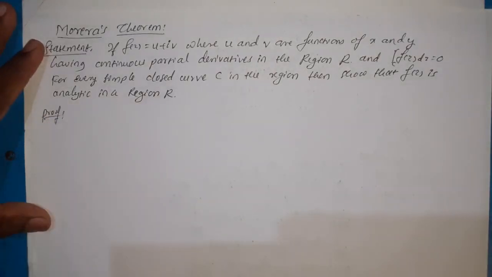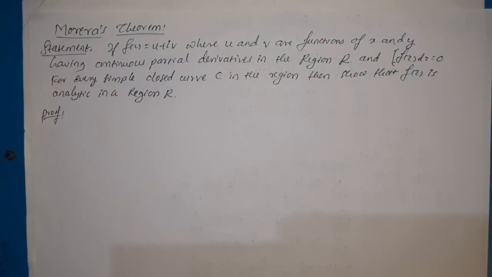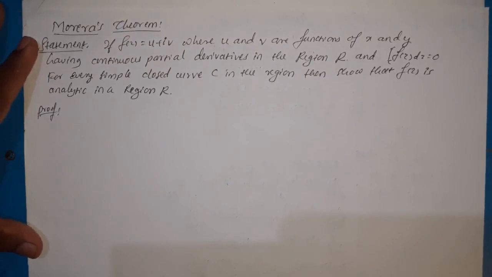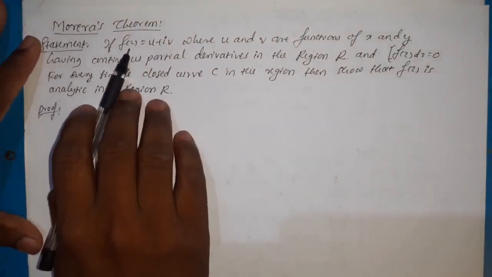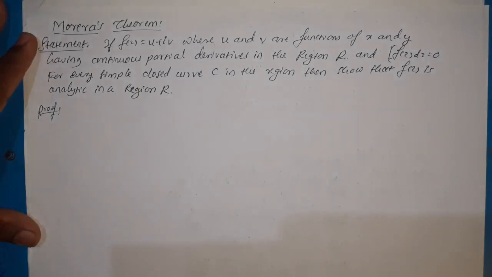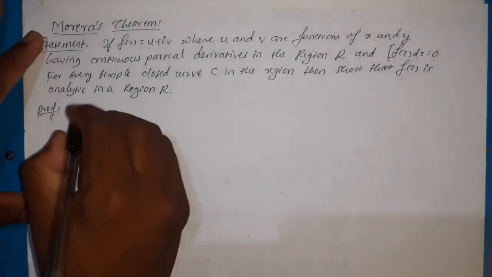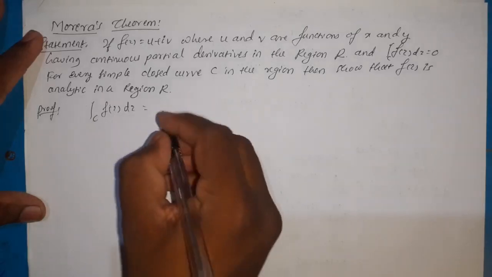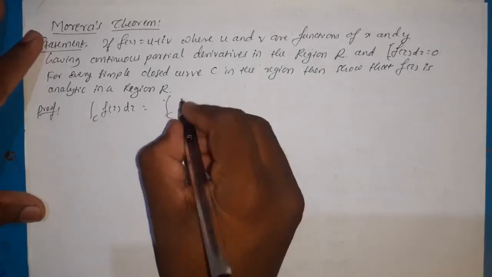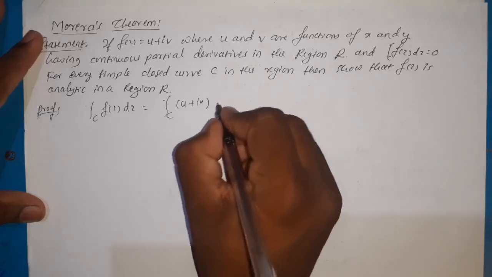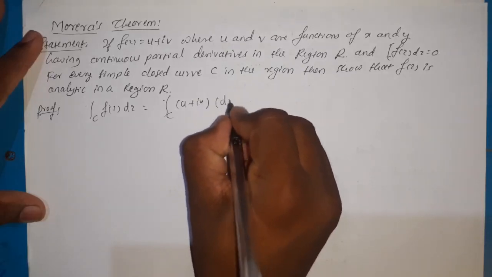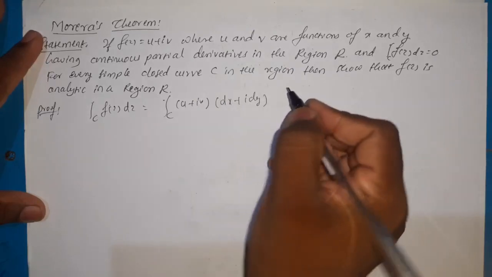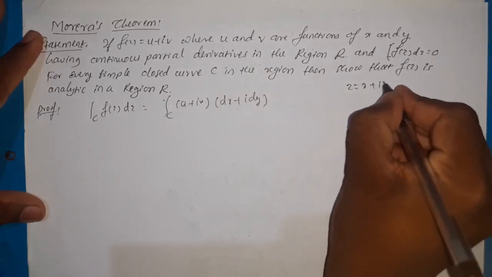So we know that for a function to be analytic, it has to satisfy the CR equations. Therefore here we need to prove that this function satisfies the CR equations, then it is enough to say that the function is analytic. So now integration over C f of z dz is equal to integration over C of u plus iv, and dz is dx plus i dy, because z equal to x plus iy.